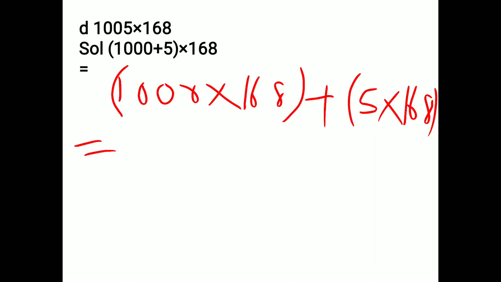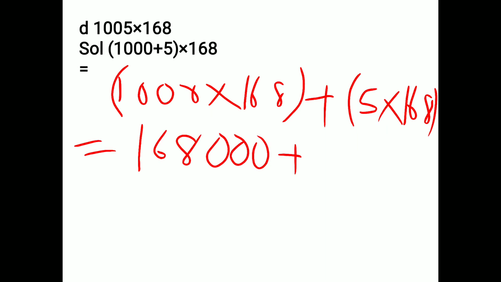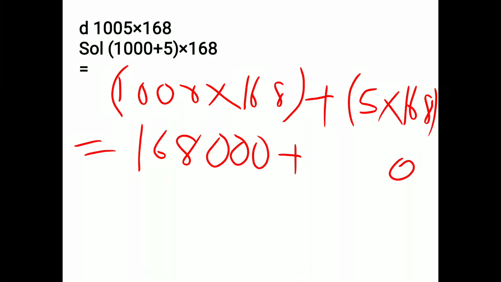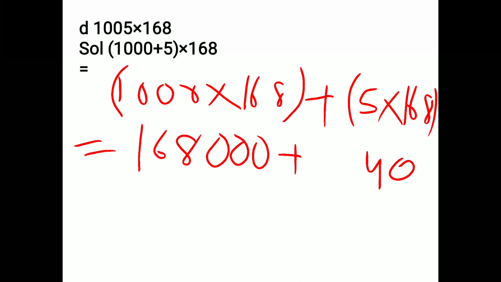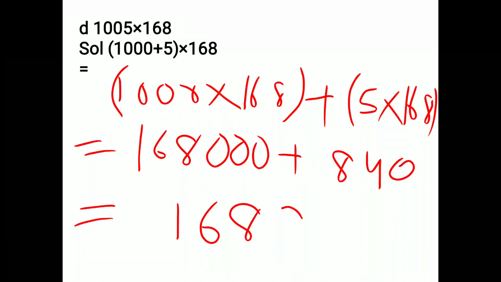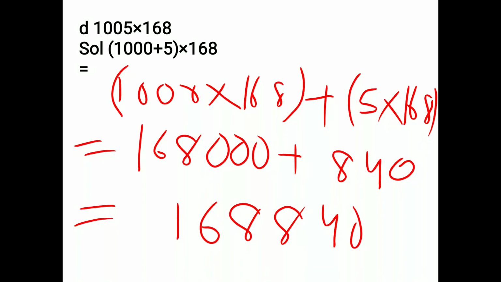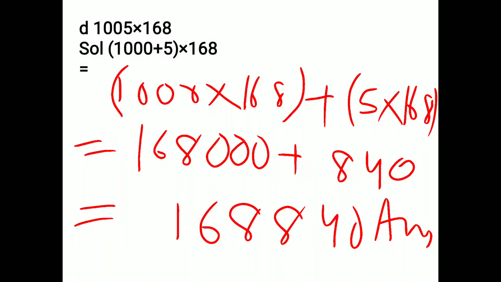Now 1000 into 168, the answer comes 168,000 plus 5 8s are 40, 5 6s are 30, 30 plus 4 is 34, 5 1s are 5, 5 plus 3 is 8. Now you add them. The answer comes 168,840. Clear?